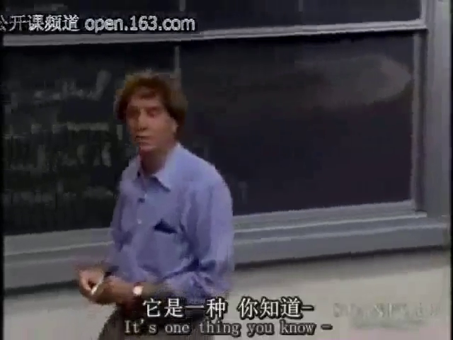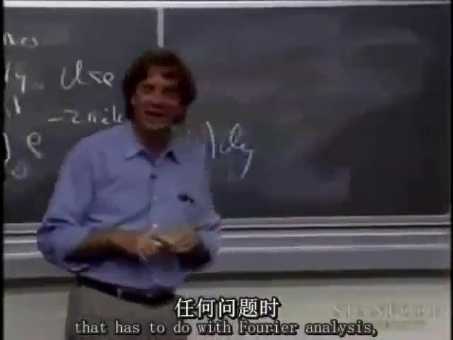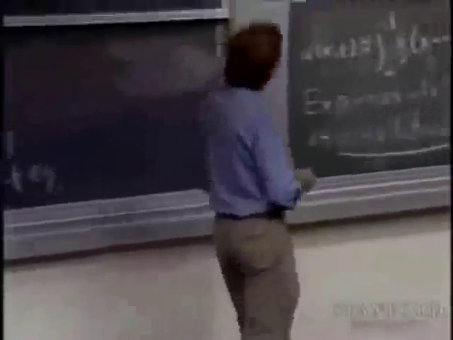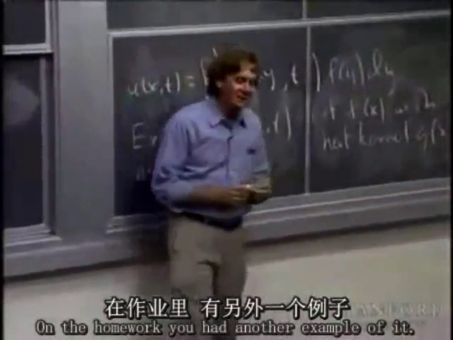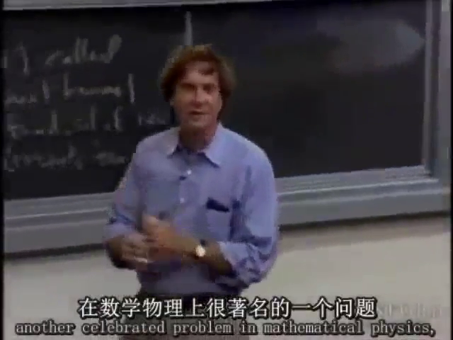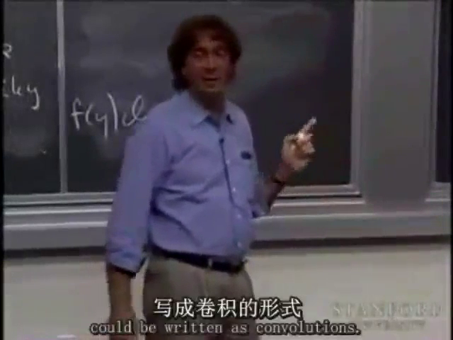When you're working with almost any problem that has to do with Fourier analysis, it should not surprise you to see convolution coming into the picture somehow. And this is an example of that. On the homework, you had another example of it. You had an example of another celebrated problem in mathematical physics, the so-called Dirichlet problem, where, again, the solution ultimately could be written as a convolution.